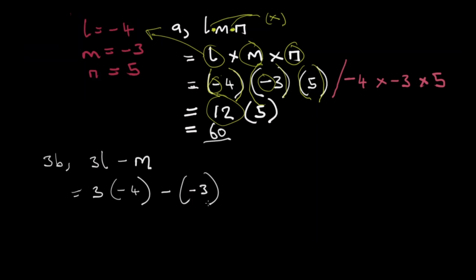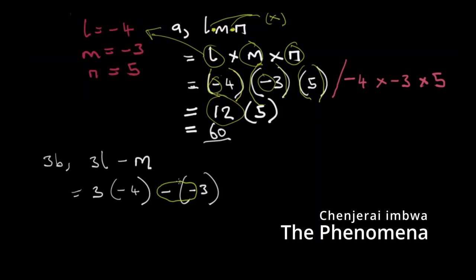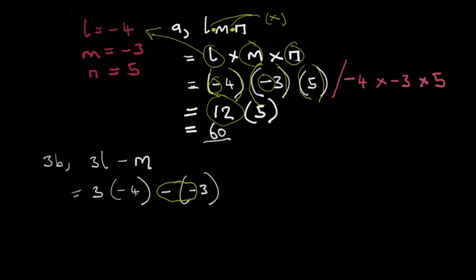Minus 3. I need you to take note before we go any further and understand the importance of putting brackets. It is this phenomenon. Many people fall there. They fail to navigate the negative signs. Why?